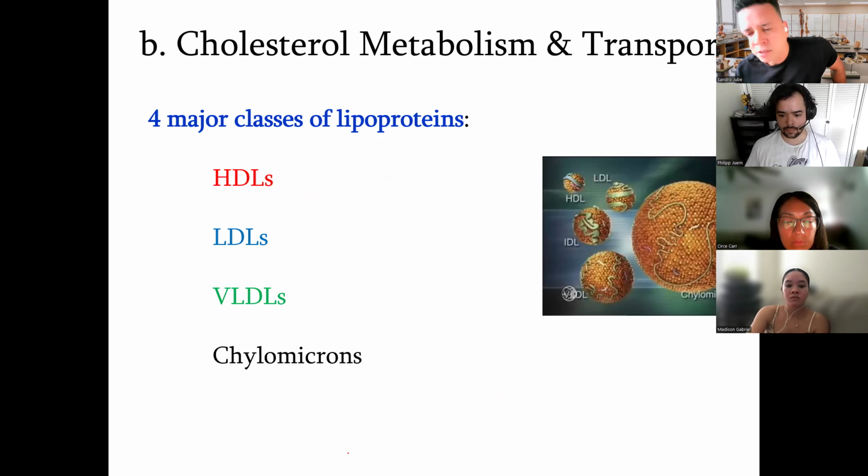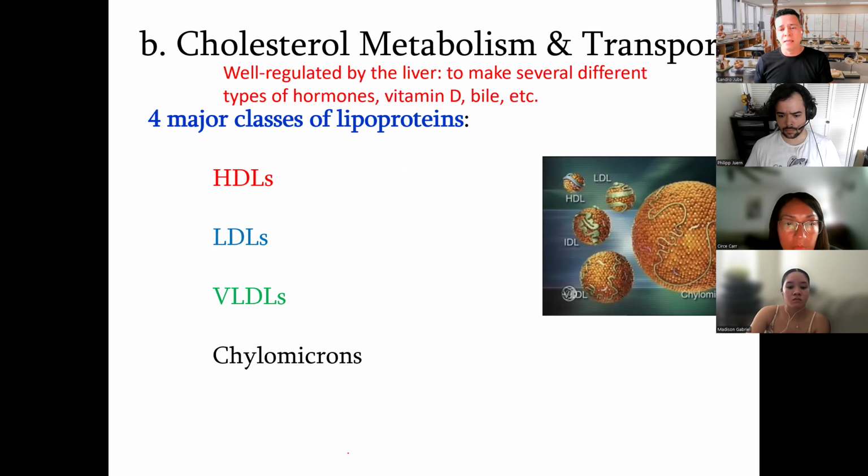Now, let's talk more about cholesterol and something called lipoprotein. I want to make sure that you understand the difference between the two, because there's a lot of confusion in students, in which they group cholesterol and lipoproteins as if they were one, and they are not. Cholesterol is a lipid, a type of fat, synthesized by the liver.